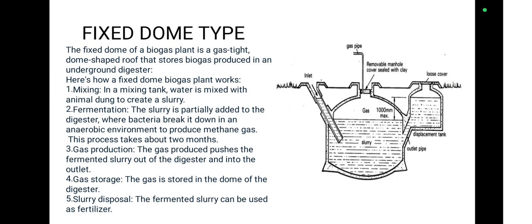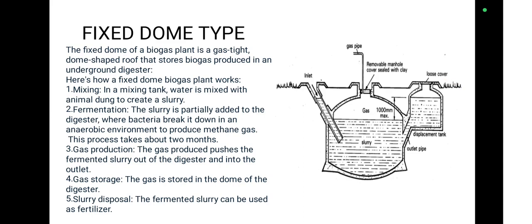So it is called fixed dome type. The fixed dome of a biogas plant is a gas-tight dome-shaped roof that stores biogas produced in an underground digester.